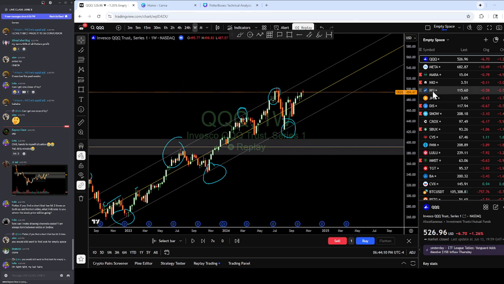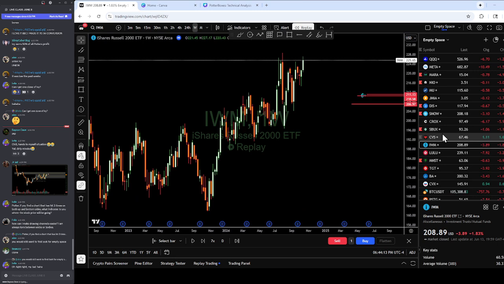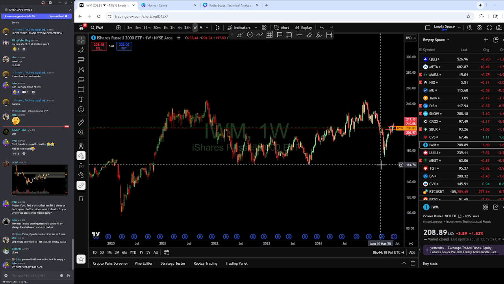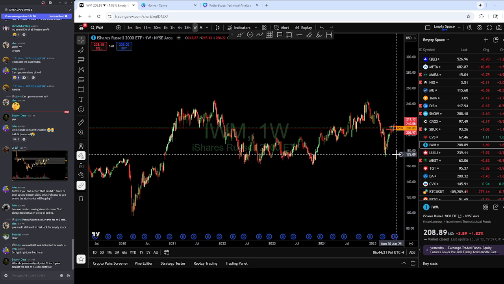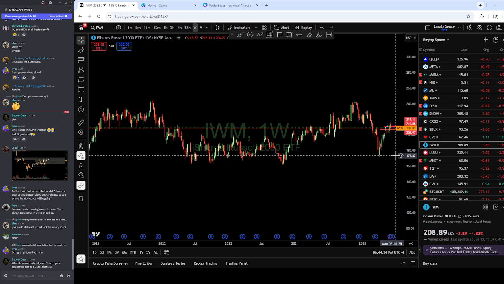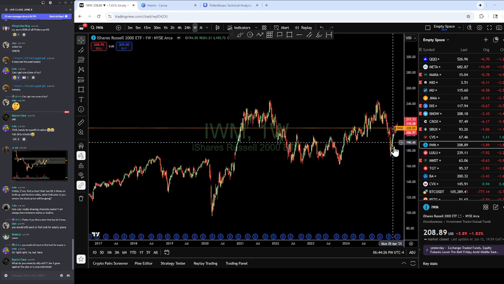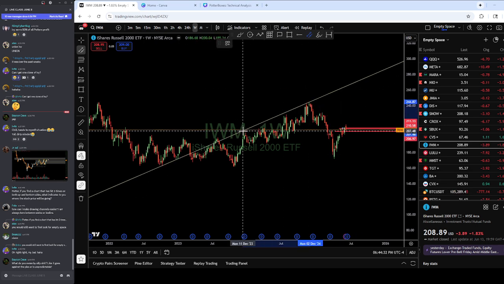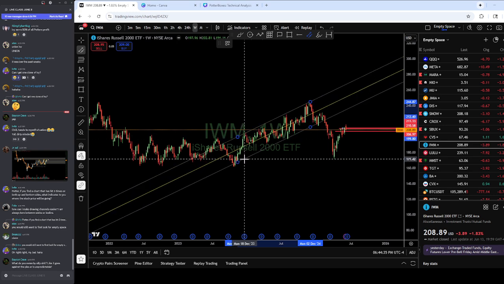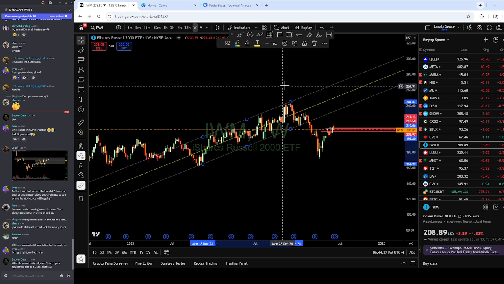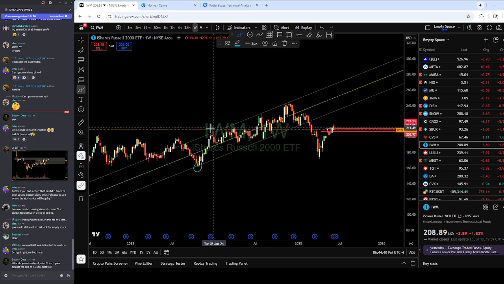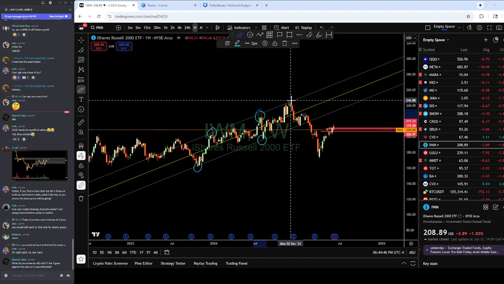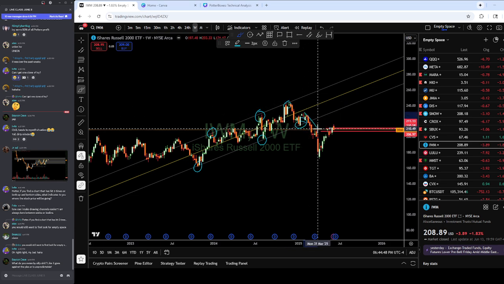So, all right, let's take a look at IWM. Now, this is something that appears to have broken its short-term downtrend or uptrend. Let's take a look. Beautiful. Let's count. 1, 2, 1, or 2, 2, 3, 3, break.